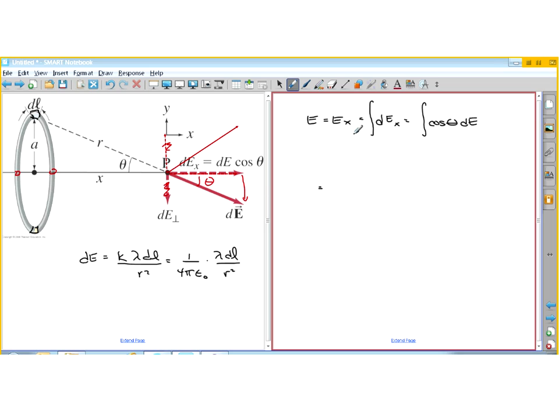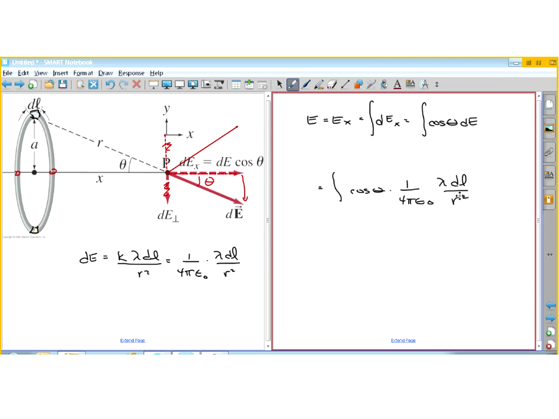And then we have the dE, the differential of the electric field, which is this length here, is equal to 1 over 4 pi epsilon 0 lambda dl over r squared. Now, we want this as a function of x and not as a function of r.